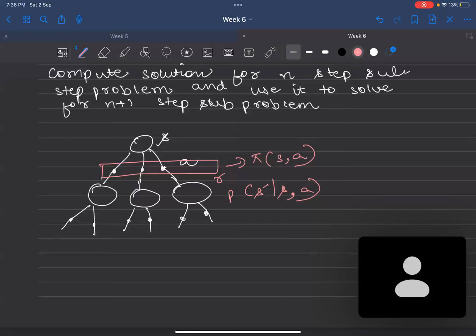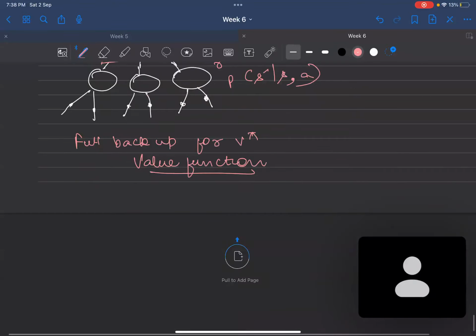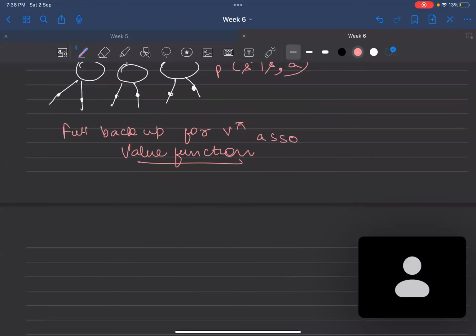What I have written, can someone explain? Let me complete, then we'll discuss.